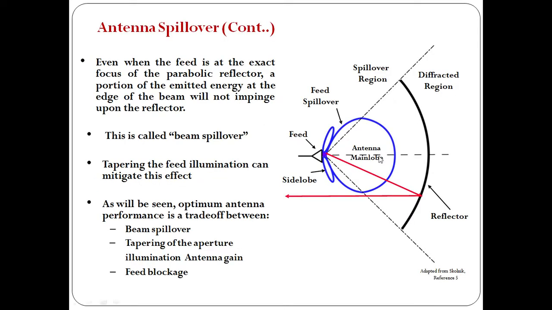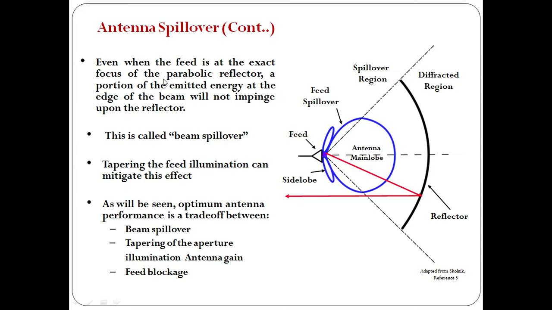You can clearly see the effect of spillover by this pattern. It is a wider pattern produced by the feed. You can see this is the spillover region, and this is the diffracted region, and this is the reflector, and this is the main beam of the primary pattern produced by the feed, and these are the side lobes.